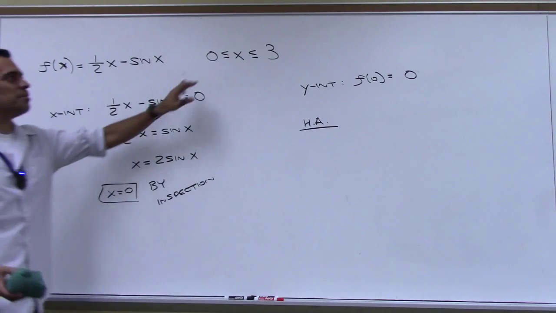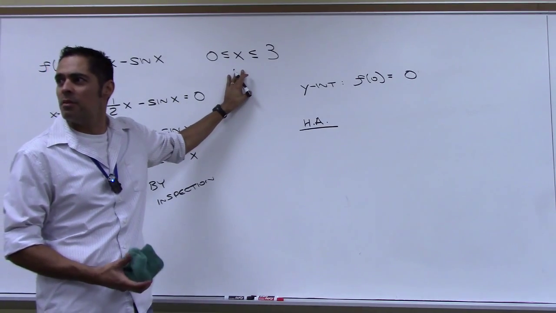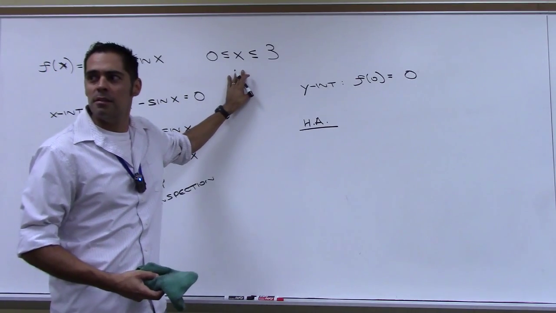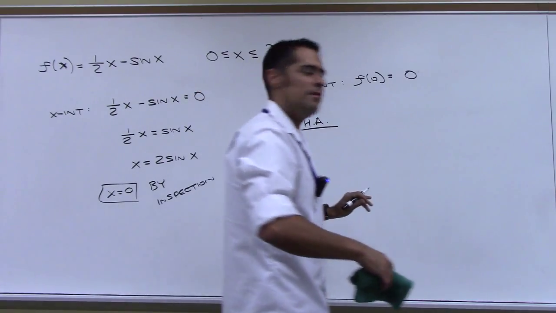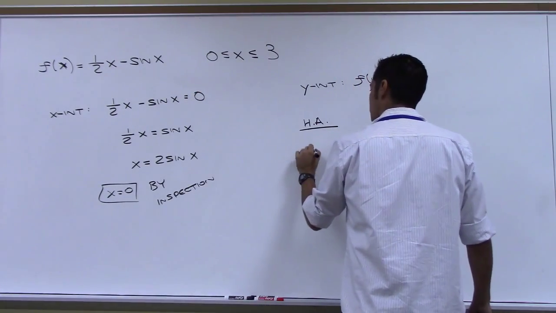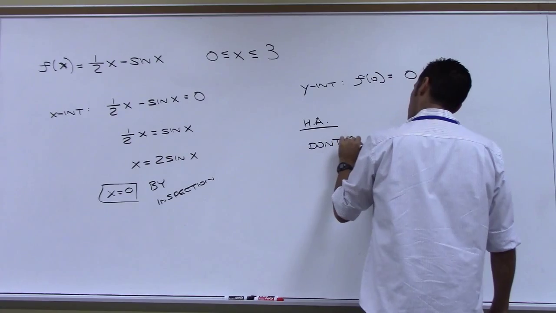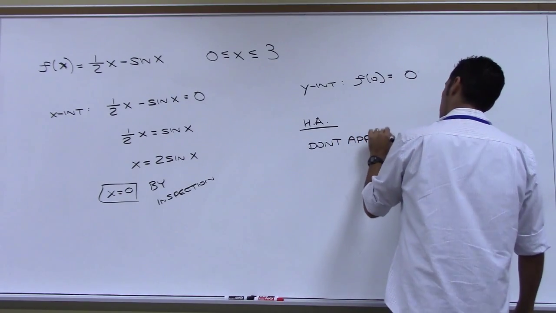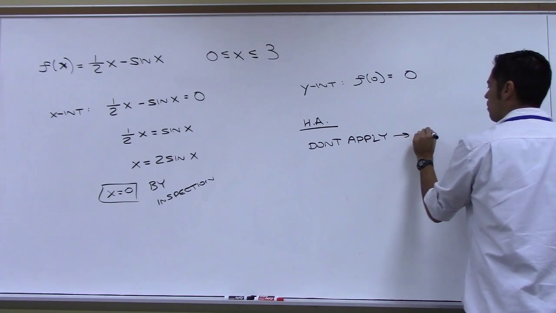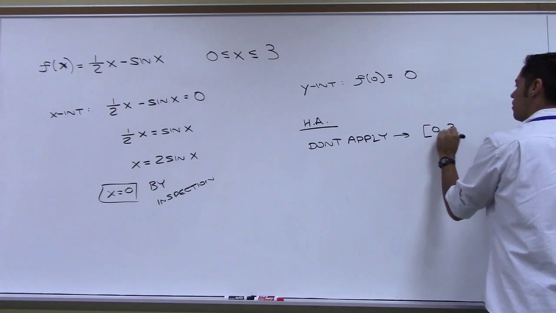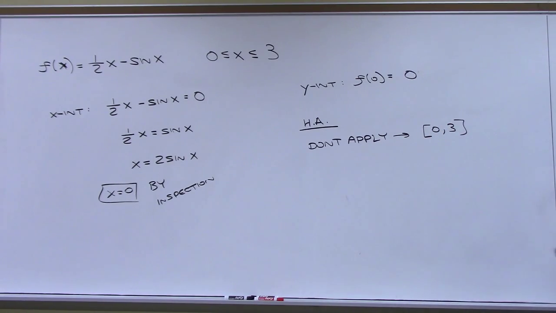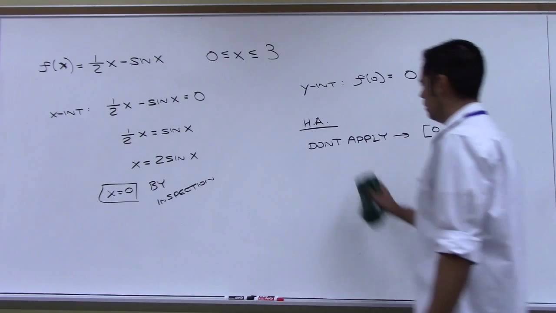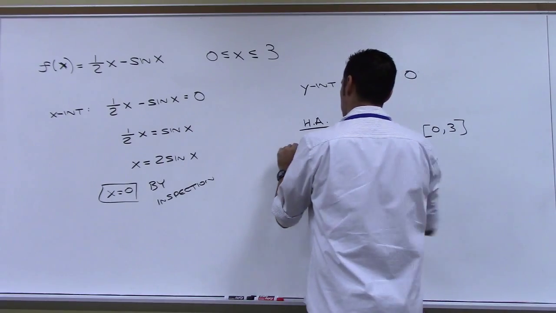Because I'm only looking between 0 and 3, so I don't care what happens as I go to infinity, right? That doesn't matter in my graph. So, doesn't apply. Why? Because we're looking only between 0 and 3. Doesn't apply. Probably makes more sense.